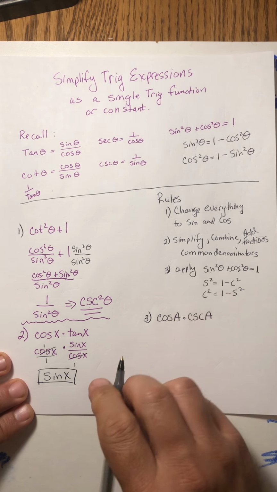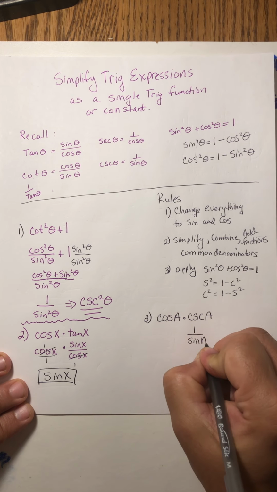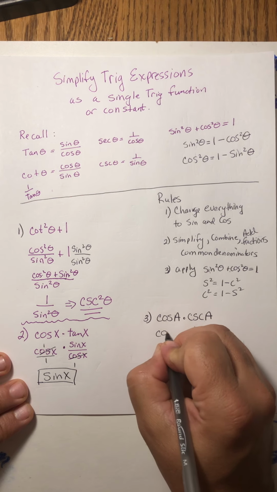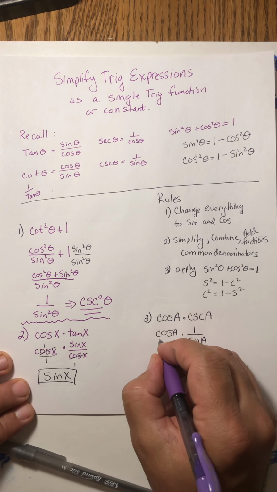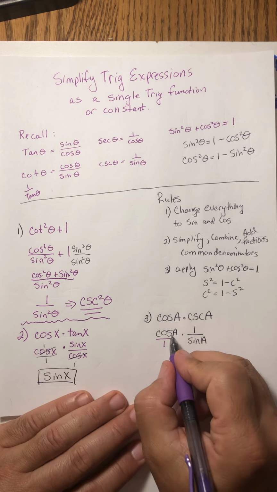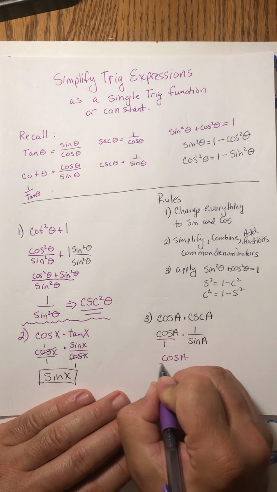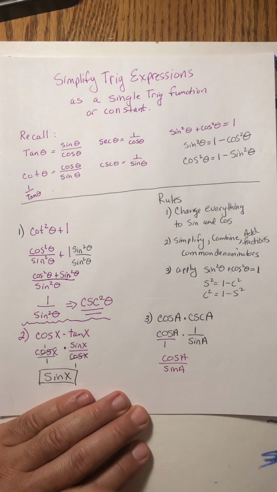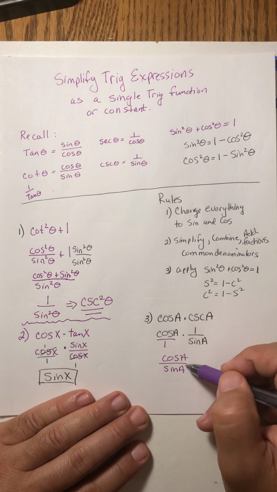So the cosecant becomes 1 over sine of a. Okay. We're multiplying. There's nothing that I can cancel here. If you need to, put a 1 under there. So now all I have then is multiply straight across. Cosine of a over sine of a.